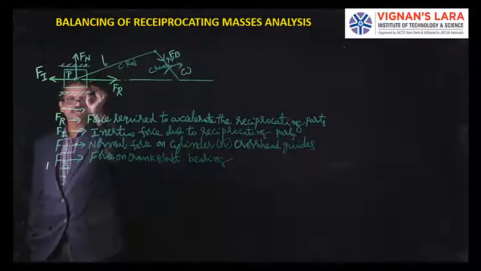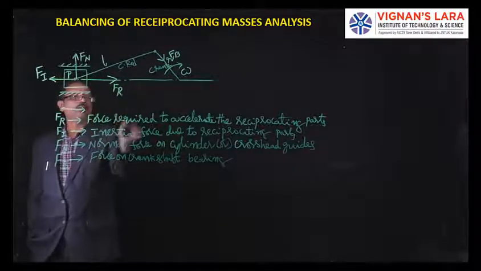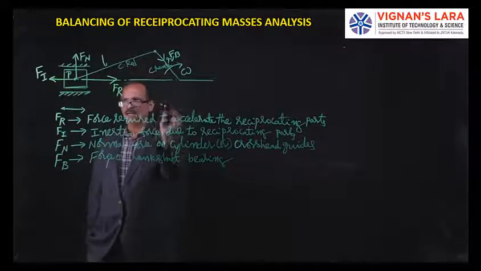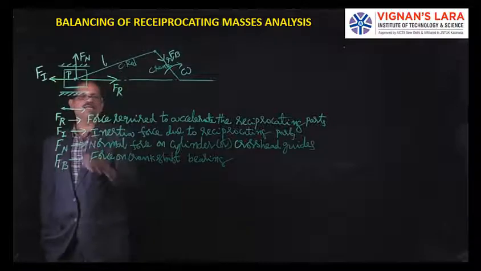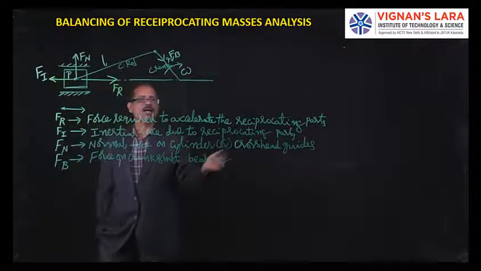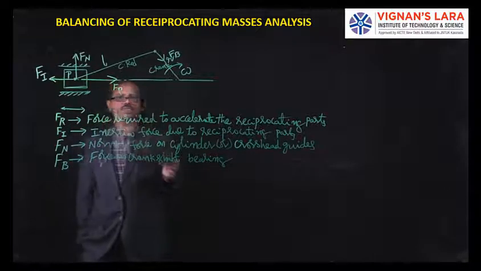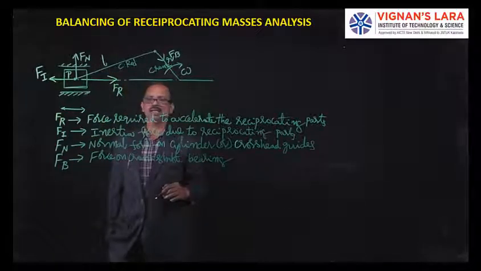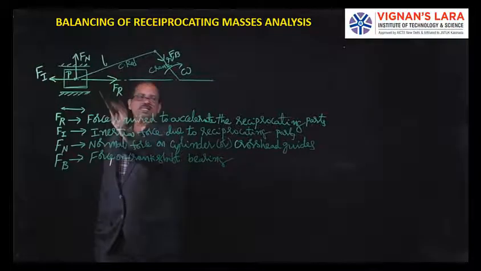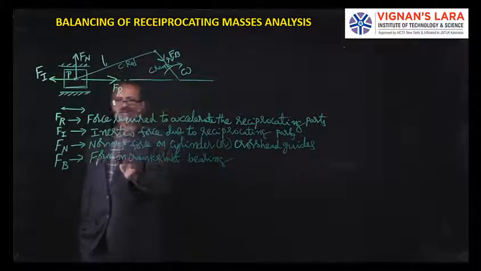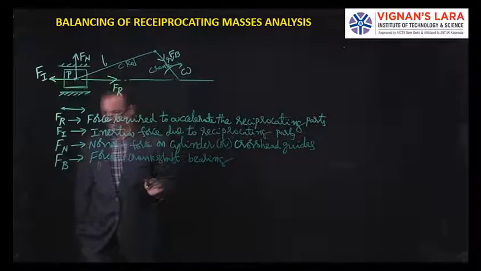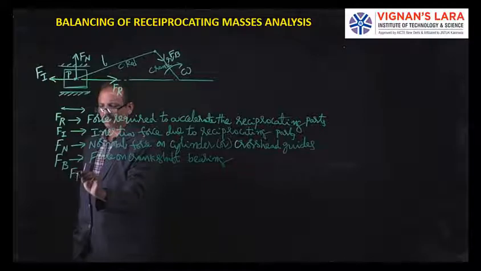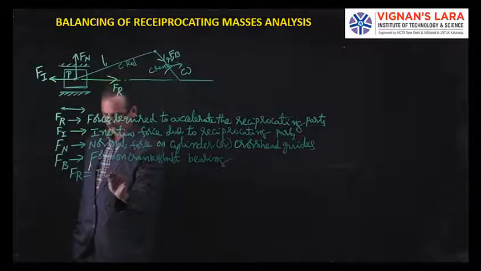Here you can see the reciprocating mass needs some force to provide acceleration, that is Fr, and Fi is the force against the applied force, the inertia force. Fn is the normal force perpendicular to the cylinder, that is the guideways or cylinder surface, and Fb is the force on the crankshaft bearing. So we know that Fr is equal to Fi.